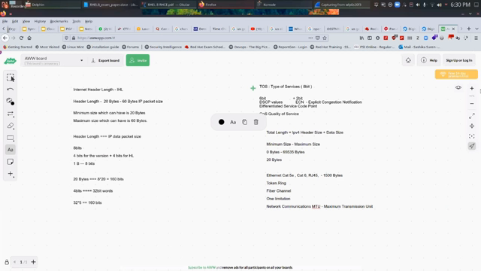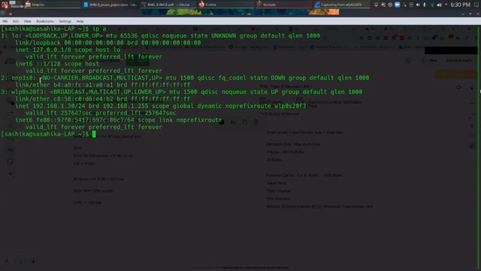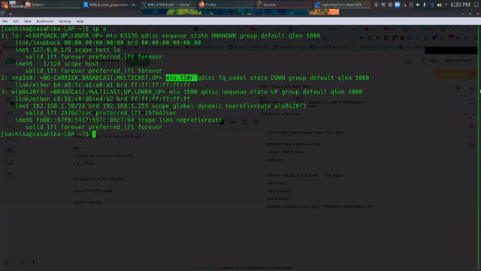When you're dealing with token ring and fiber channel, they do have different limitations. Even in my wired adapter, the Ethernet card, the maximum transmission unit they are supporting is 1500.